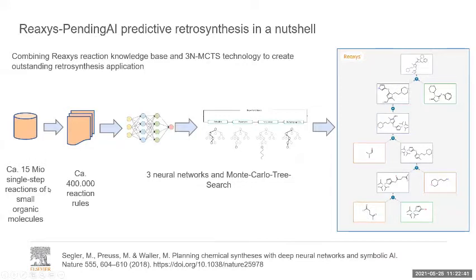We are using 15 million single-step reactions of small organic molecules, and from this, we derive roughly 400,000 reaction routes. We create 3 models out of that, and they are bound together into an application, also implementing a Monte Carlo tree search.